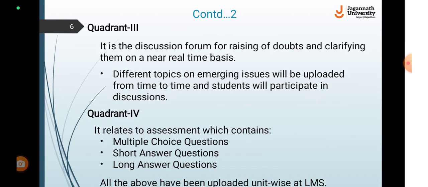Quadrant 3 is the discussion forum for raising doubts and clarifying them on a near real-time basis. Different topics on emerging issues will be uploaded from time to time and students will participate in discussions. In quadrant 4, the assessment contains multiple choice questions, short answer questions and long answer questions.